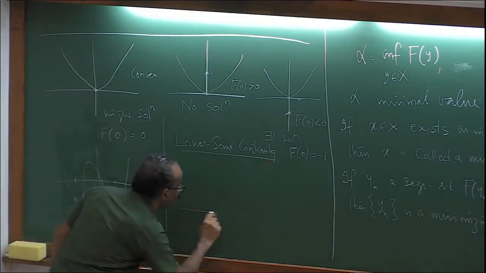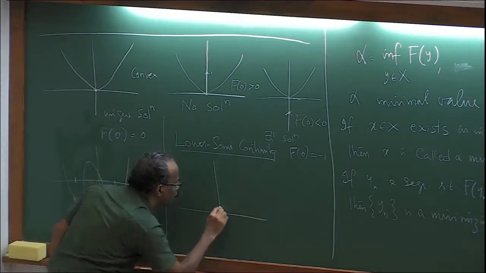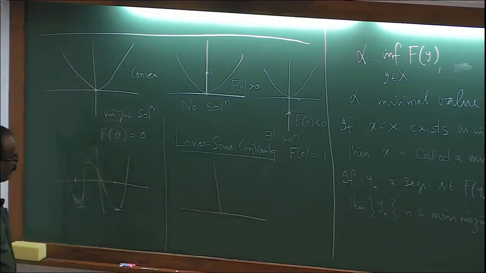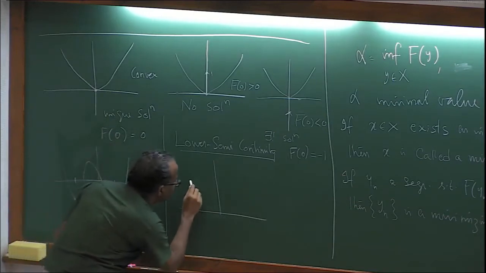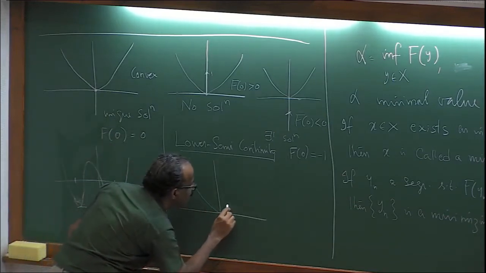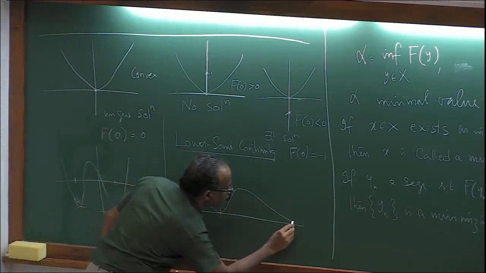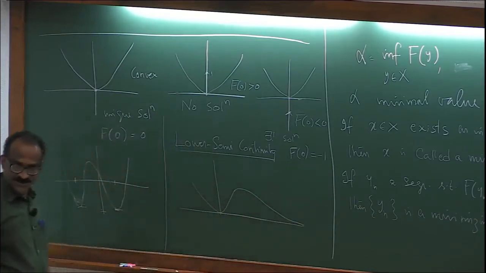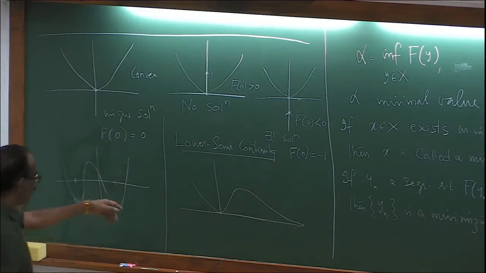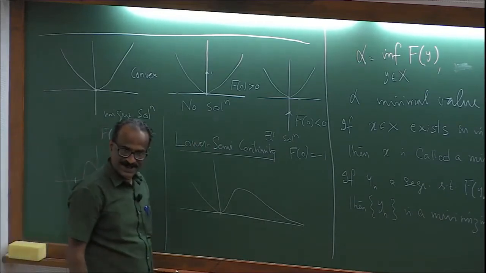But I want to tell you something of a more serious issue. You have a function, something like this, and this function goes like this. Can you tell me now whether this has a solution or not?